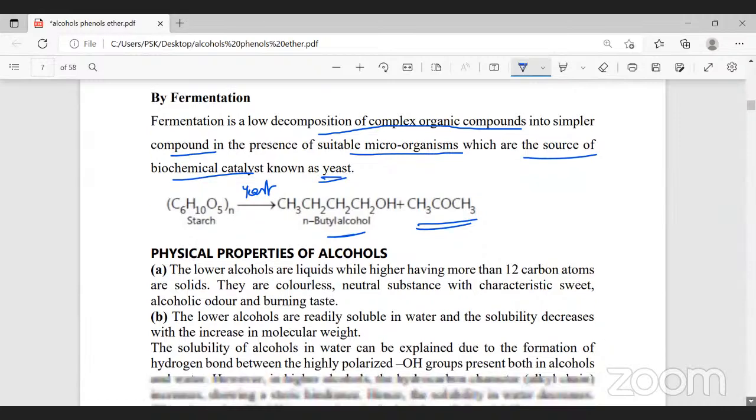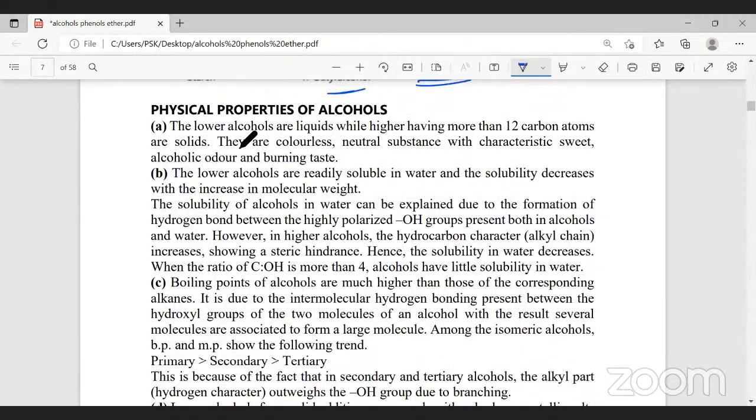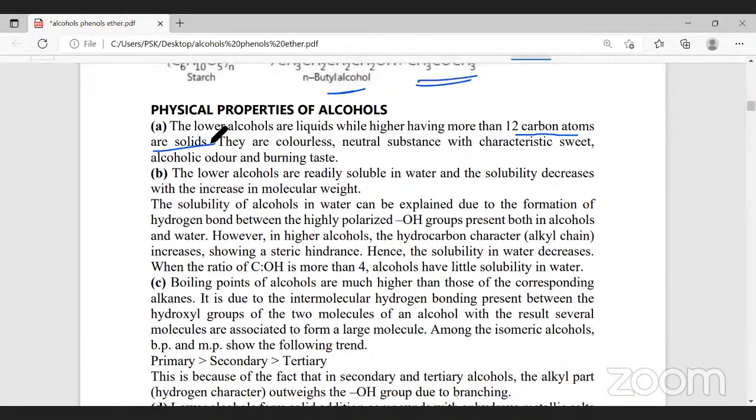Now, physical properties of alcohol. Lower alcohols are liquid, while higher alcohols, having more than 12 carbon atoms, are solid. Generally, we understand that alcohols are liquid in nature, but alcohols containing 12 or more carbon atoms are solid.